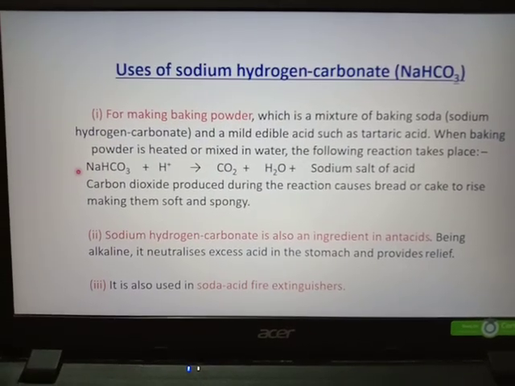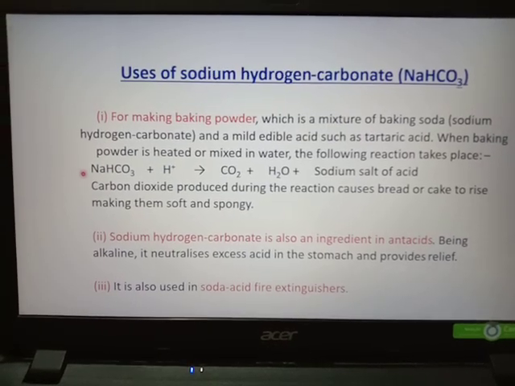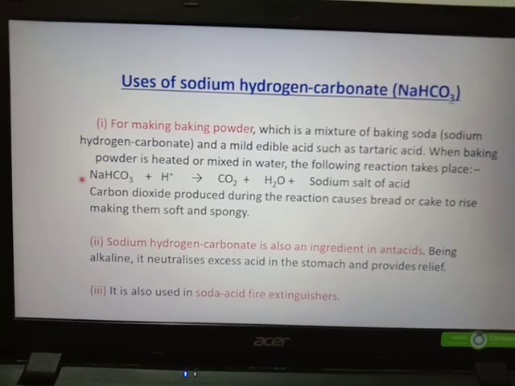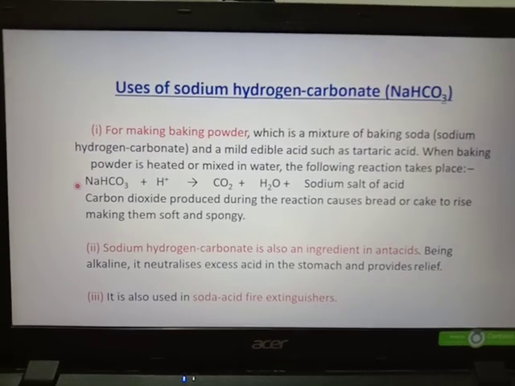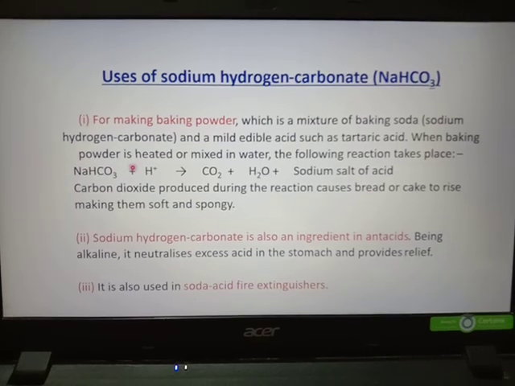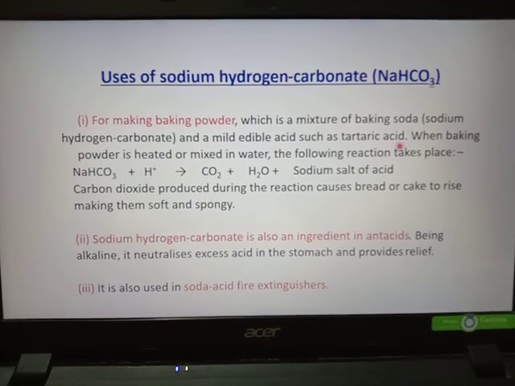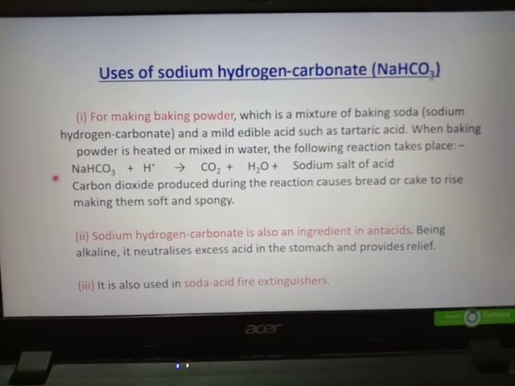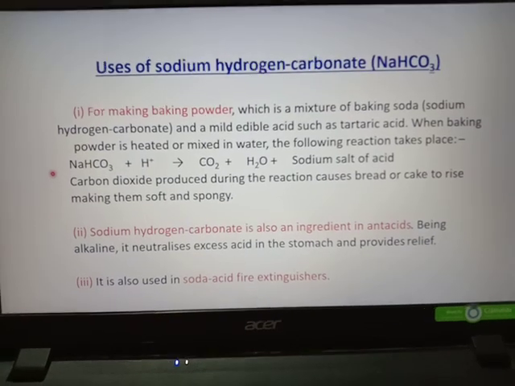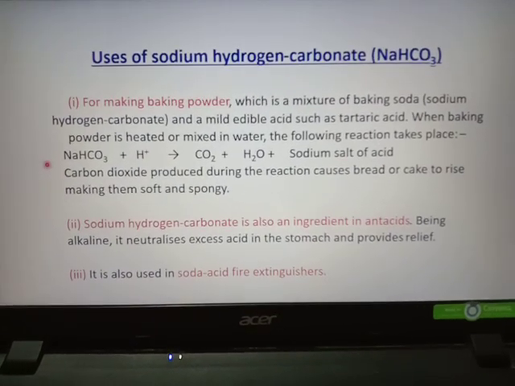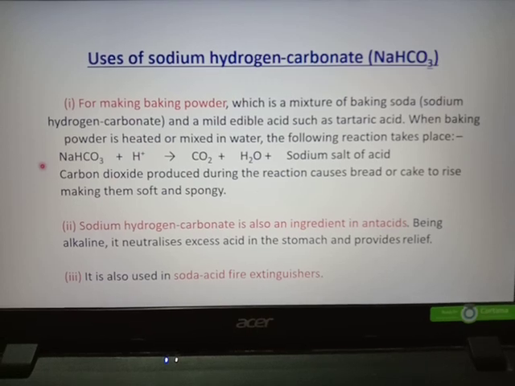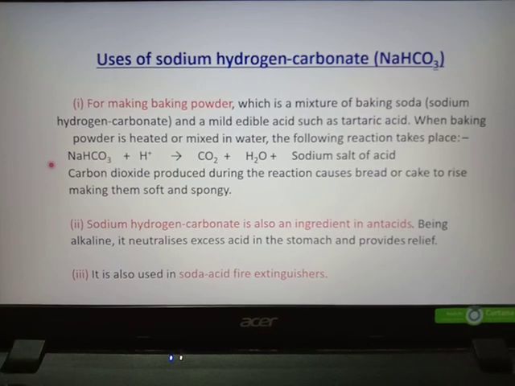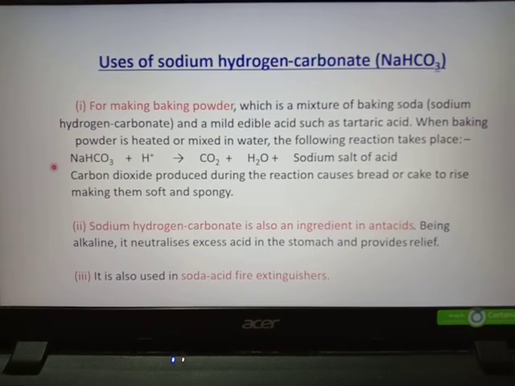So the problem is that sodium carbonate, which is formed by the decomposition of sodium bicarbonate, is bitter in taste and can spoil the taste of any food item. So what we used to do, we used to mix tartaric acid in baking powder. What is the function of tartaric acid? Tartaric acid reacts with sodium carbonate, which is formed by the decomposition of sodium bicarbonate, and forms sodium tartrate.